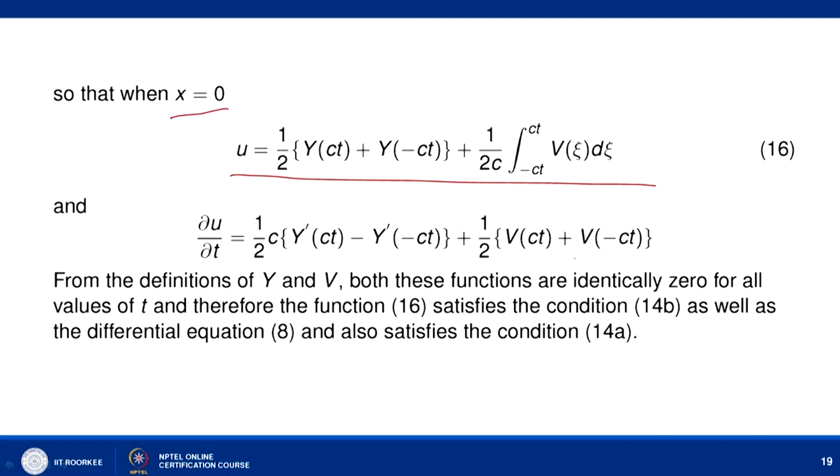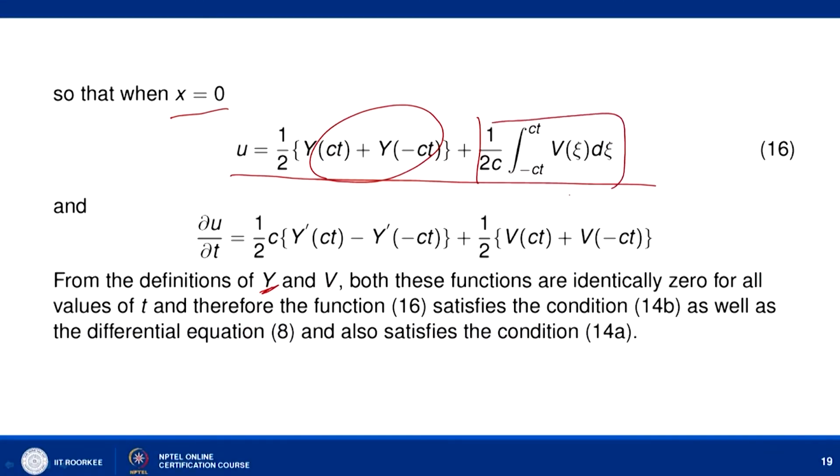Now, as we have defined the function y as an odd function, it means that y(-x) is minus y(x). So, this quantity will be 0. Similarly, v(ξ) is also defined in an odd manner, so it means that this integral is going to be 0. Similarly, you can say that this y'(ct) minus y'(-ct), here I am assuming that y(-x) equals minus y(x).